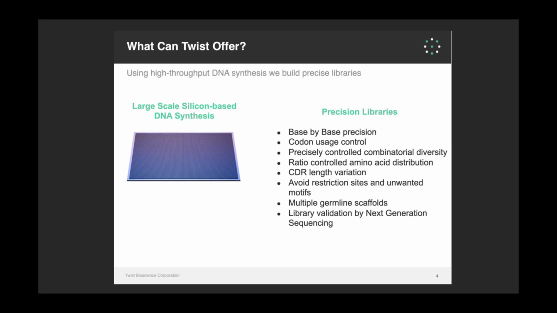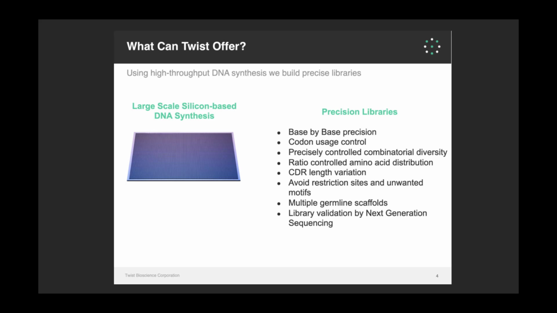Just to reiterate the power of the Twist platform to make libraries, we use this silicon-based DNA synthesis platform to make huge pools of oligos, and we can use those pools to make really precise antibody DNA libraries, in particular antibody phage display libraries, where we have really strict codon usage control, and we can control the combinatorial diversity of the combinations of those different oligo pools in the construction of the library.